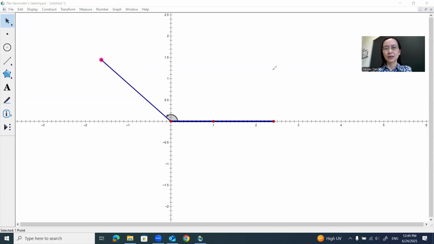So let's quickly write some angles. If the angle is positive but less than 90 degrees, it is an acute angle. If it's bigger than 90 degrees but less than 180 degrees, it is in the second quadrant.